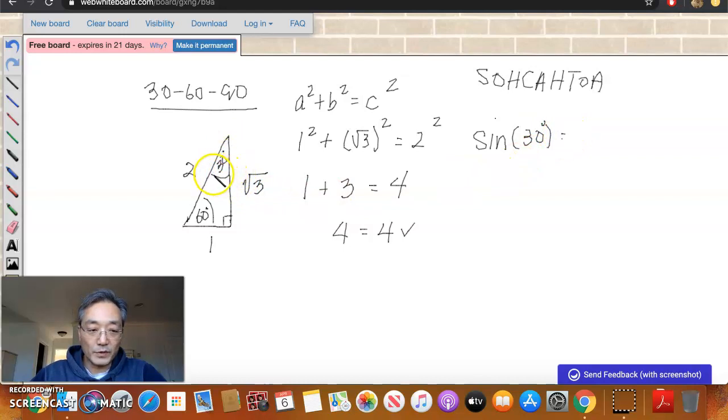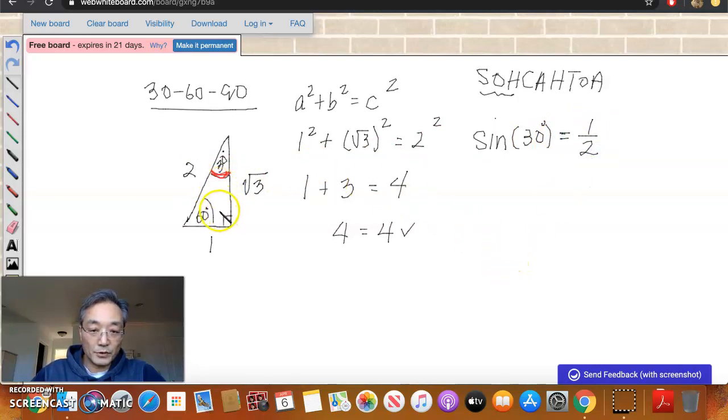Now we're working from this angle up here, right? We have to work from this angle because these are not the same angles. So we're looking for the 30 first. Sine by definition is opposite over hypotenuse. So opposite is 1, hypotenuse is 2, right? So sine of 30 is 1 over 2.